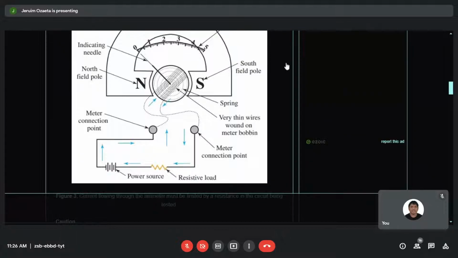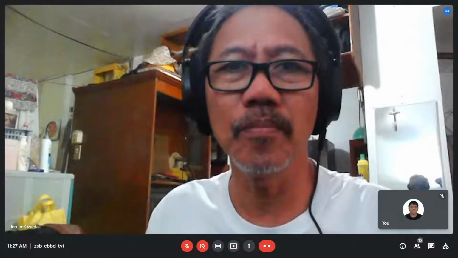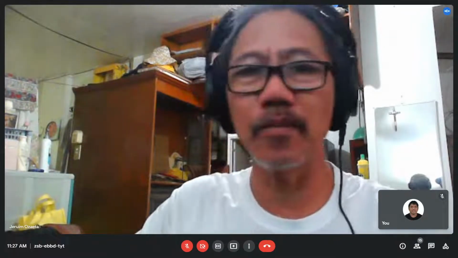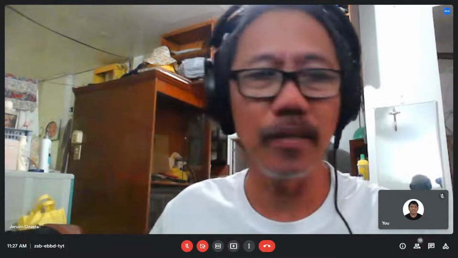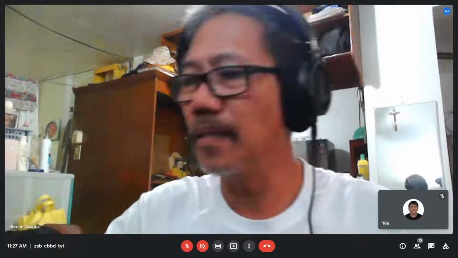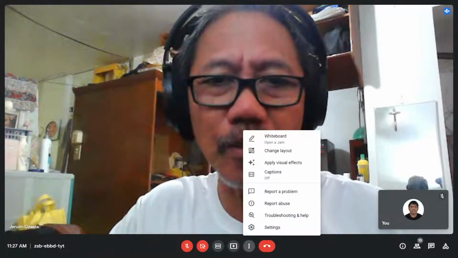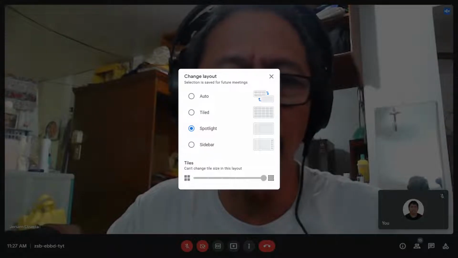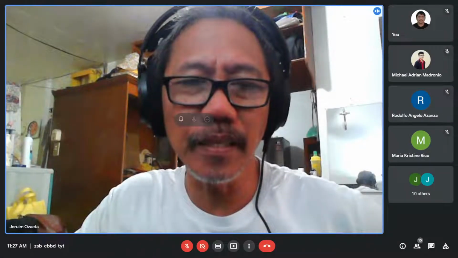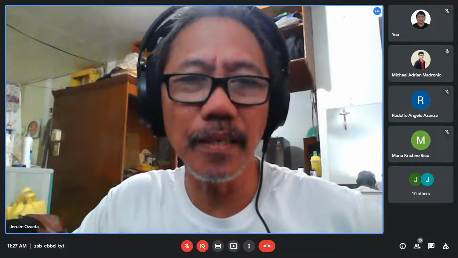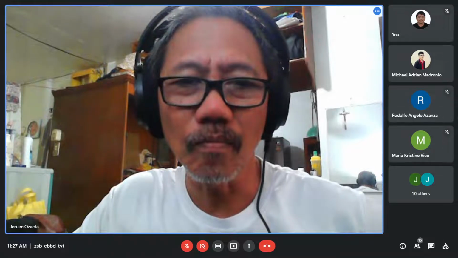Okay, so in this case, if this is the line and this is the load, we want to measure the voltage at the load, how many volts, and how many ampere. So we connect here a voltmeter.